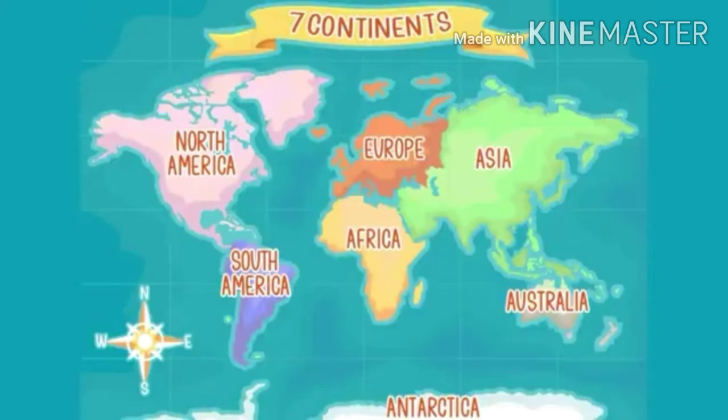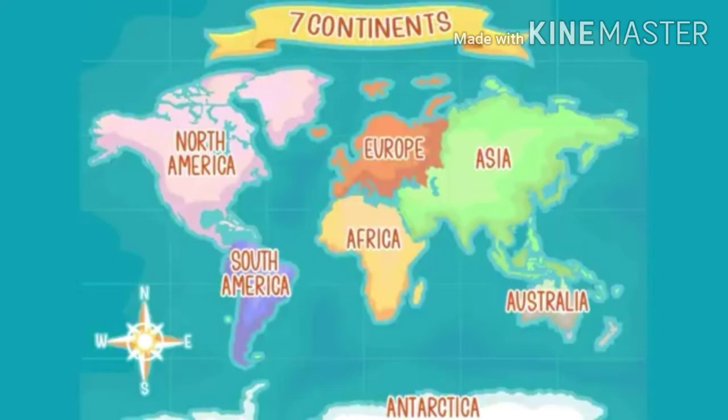We have something called a map, which tells us the exact location of different places in our city. On a larger scale, a world map tells us the location of cities, countries, continents and oceans in the world.